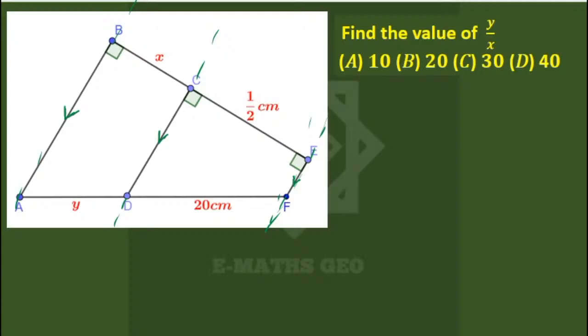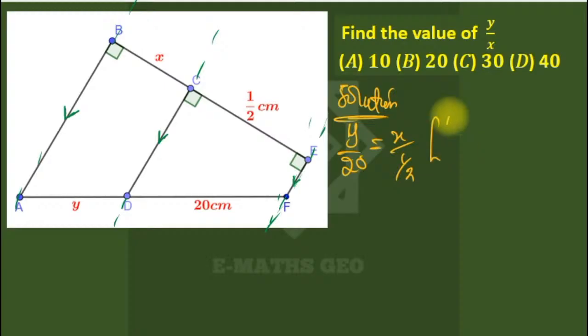Using the theorem, y over 20 will be equal to x over half, by the parallel proportional segment theorem.